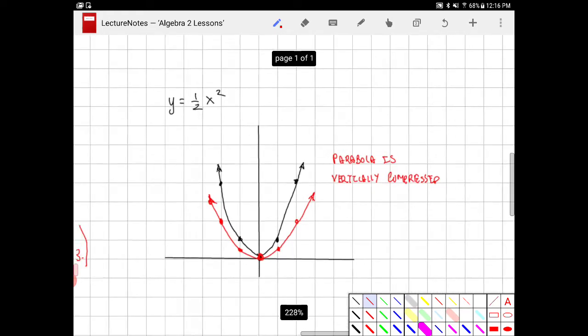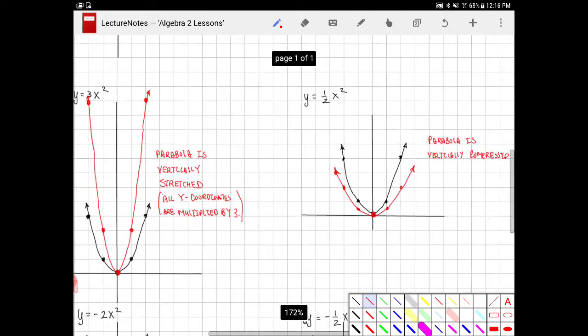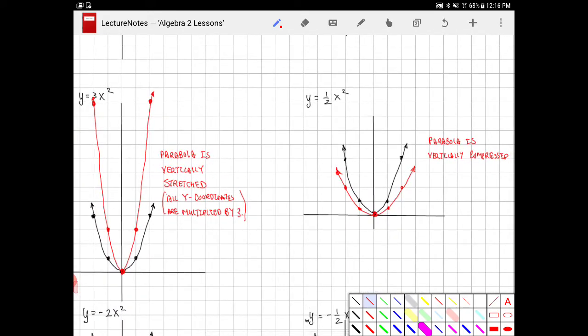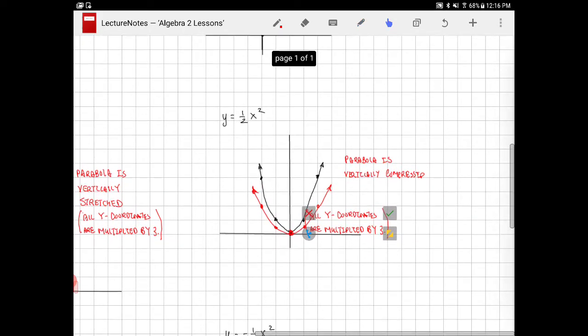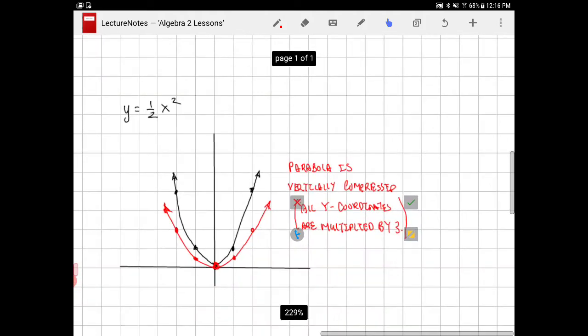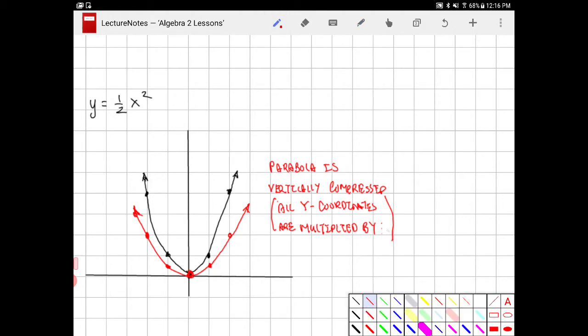And this is the opposite of what happened in the situation from a moment ago. However, it can be generalized that both of these are really similar. Instead of multiplying by 3, like in the previous situation, all the y-coordinates are being multiplied by 1/2.